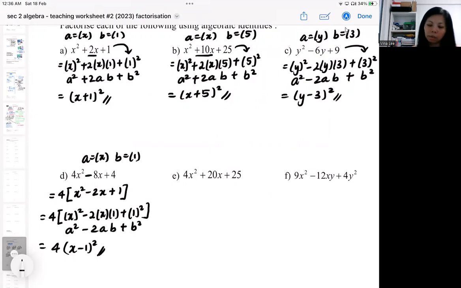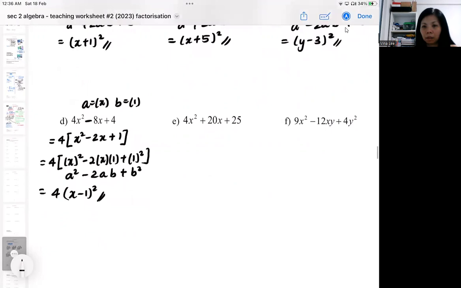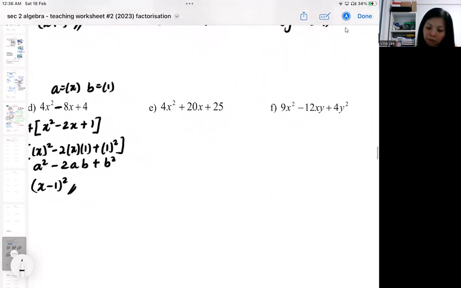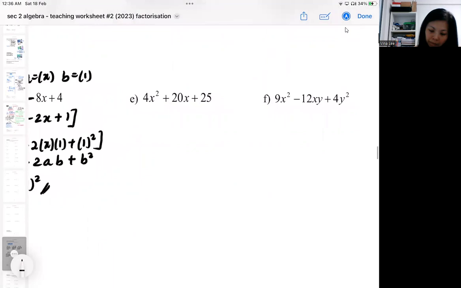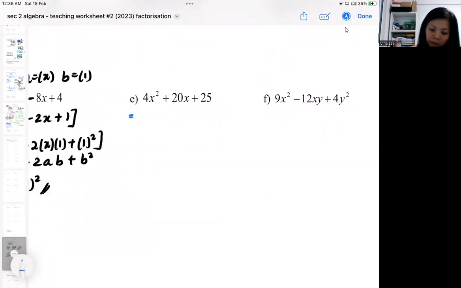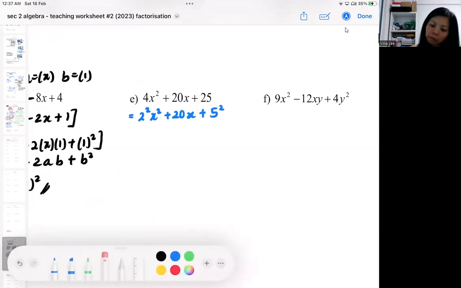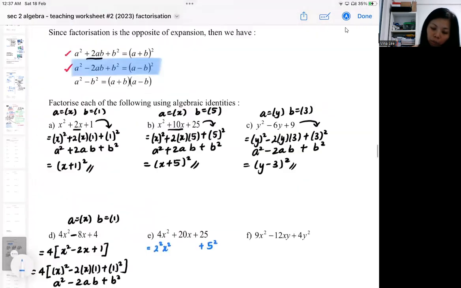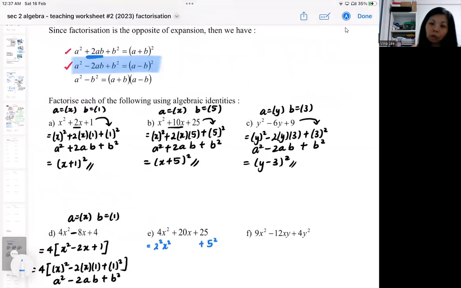Okay, the next one gets even more complex. I will suggest this: 4 is a perfect square, but 20 is not a perfect square. So this could be your first step, but you don't know what to do with the 20. Maybe you can think of it this way. The formula says that you need a 2, there's a 2ab, right?